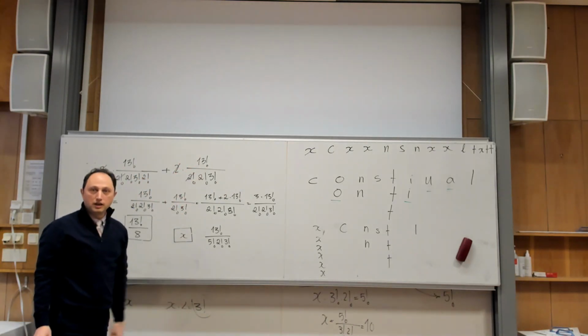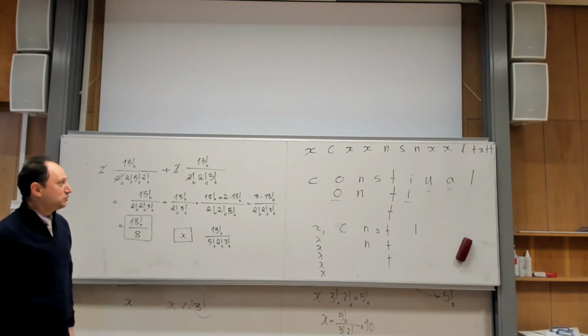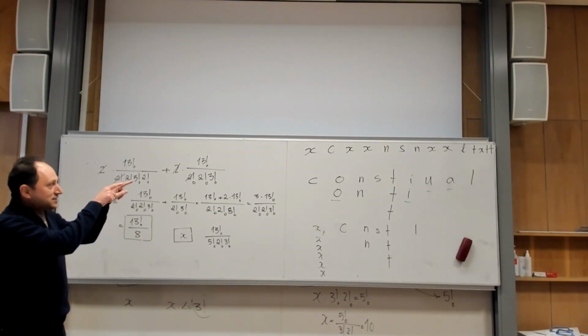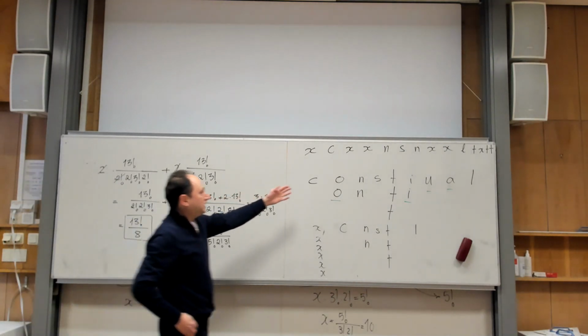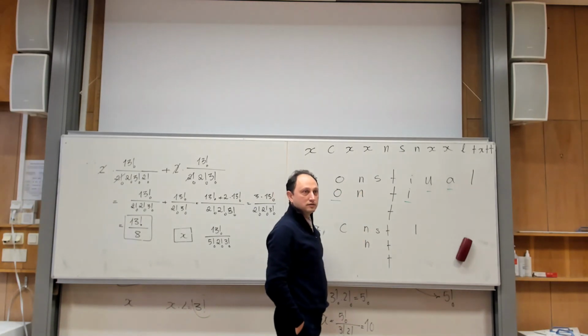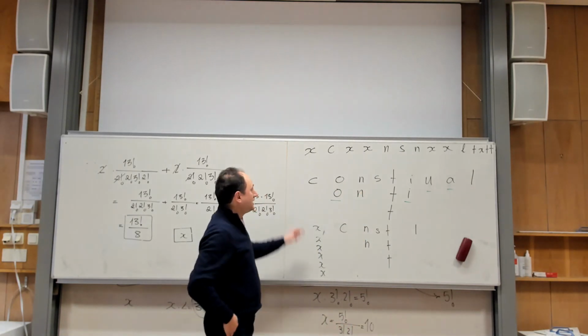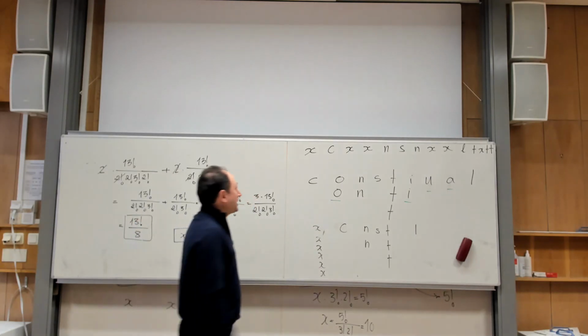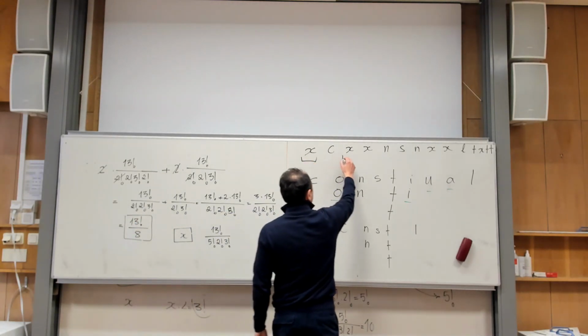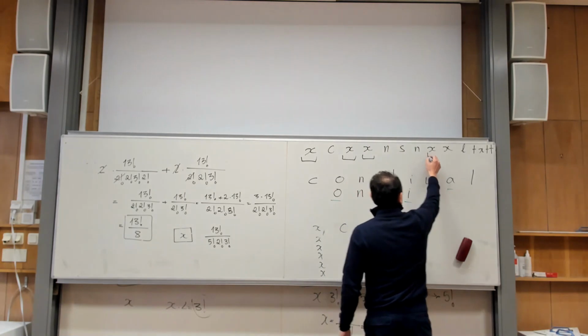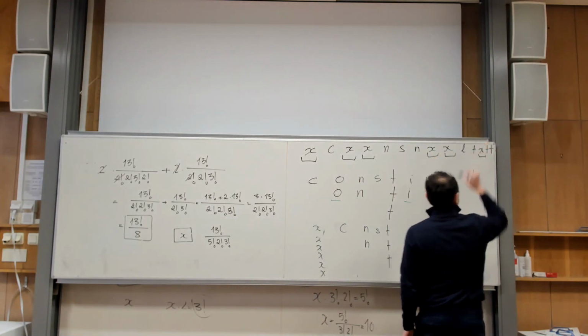Now what I want to do is that the X's should be replaced by these letters. If I do that, then I am done. Now tell me, how many positions do I have? 1, 2, 3, 4, 5, 6.